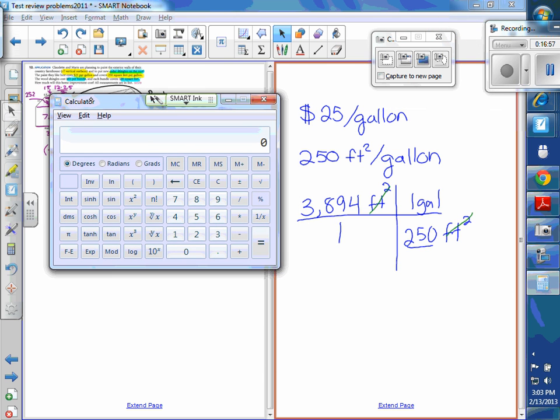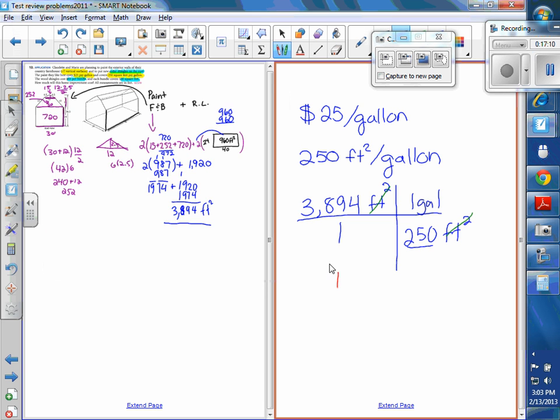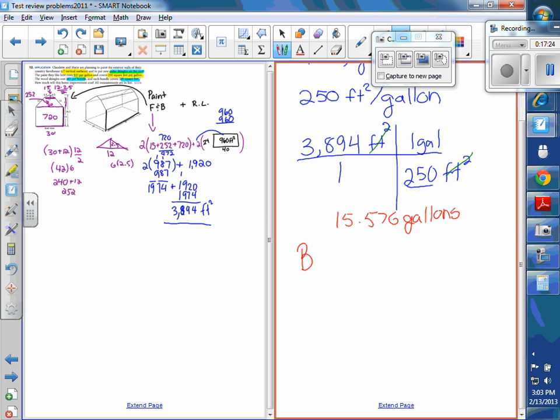You get 3,894 divided by 250, which turns out to be 15.5 something. So it means you need more than 15 gallons, but less than 16. You always round up for this kind of thing, so you have to buy 16 gallons.